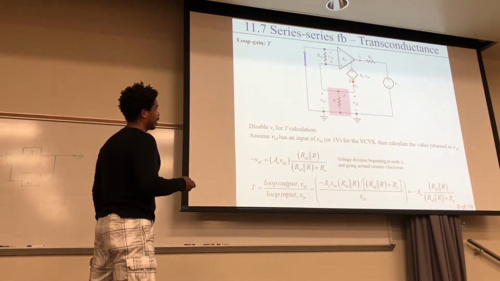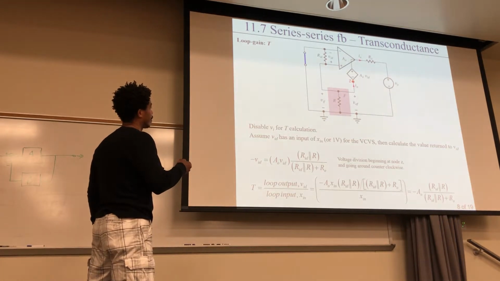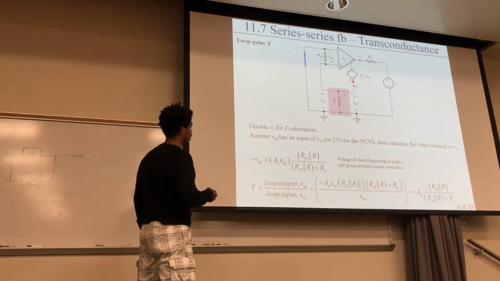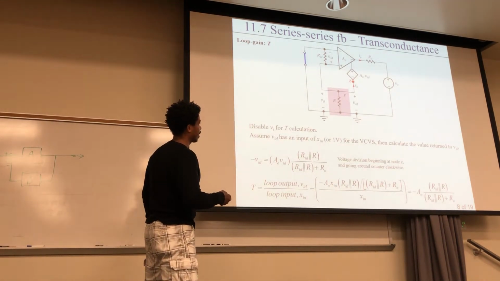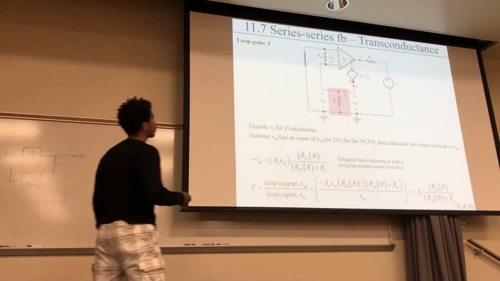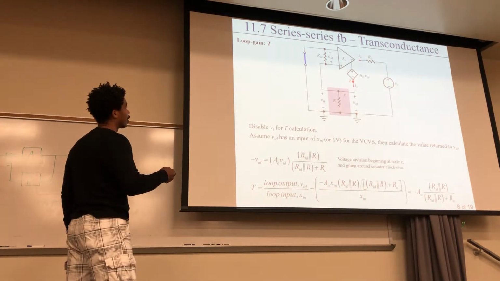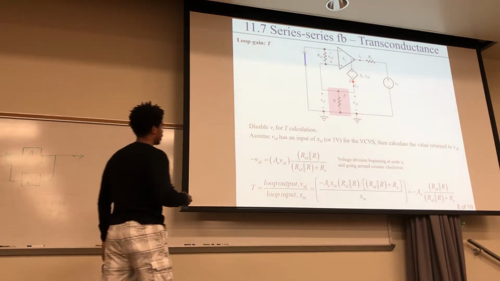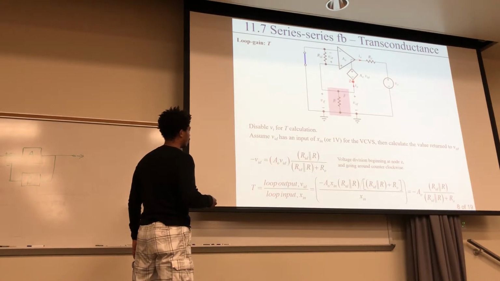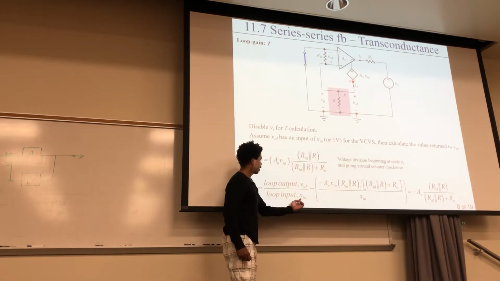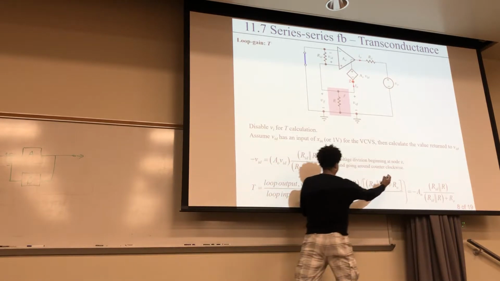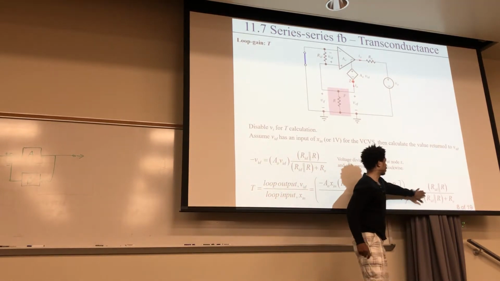And then you calculate the value returned over here. This part right here came from voltage division, and it's beginning at node Z and going around counterclockwise. And then this right here is loop out over the loop input. You're putting Xi in as the input, and this right here is right there. So those two cancel out, so you just get this right here.